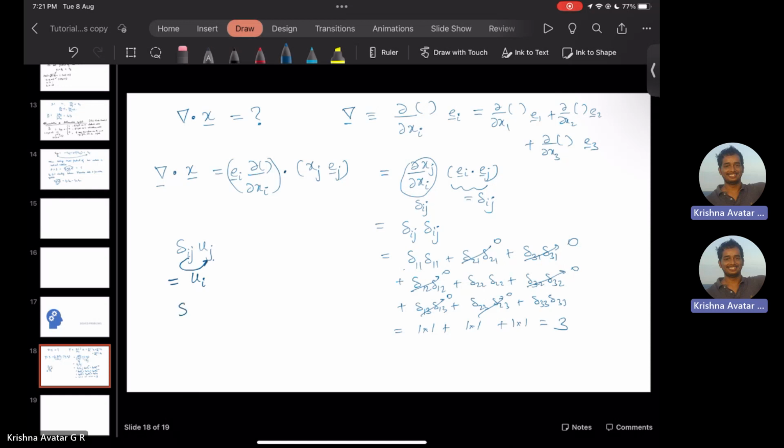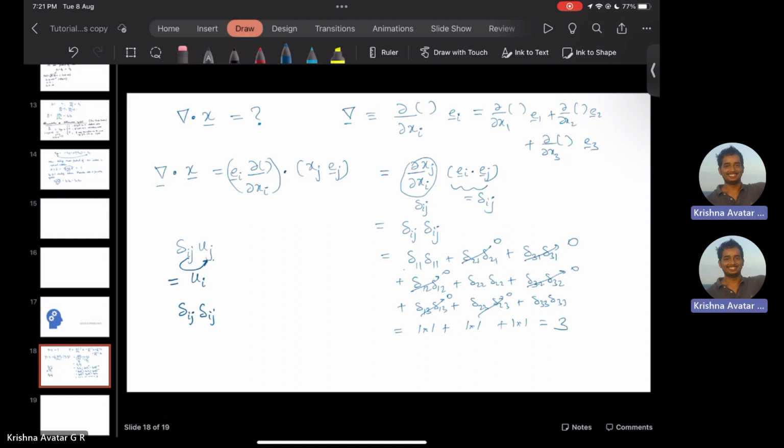This is known as the substitution property of delta. Now let's use it in our problem. We have delta ij and delta ij. In this case, i and j are both repeated. However, let's just focus on i here.